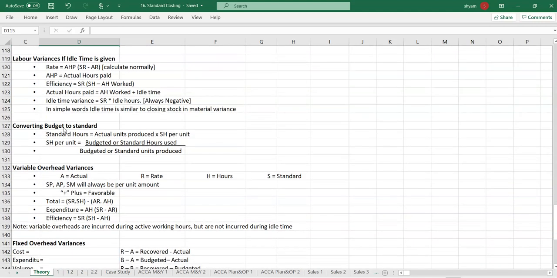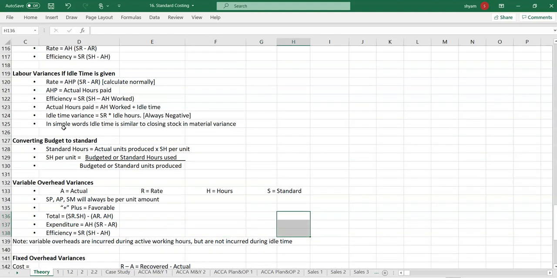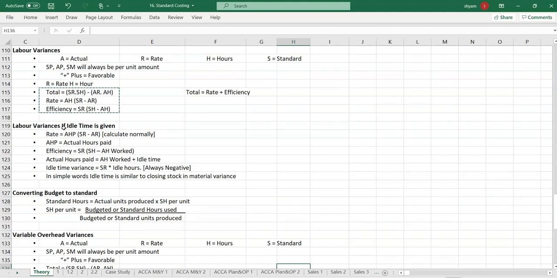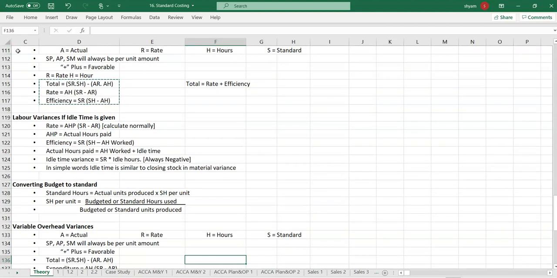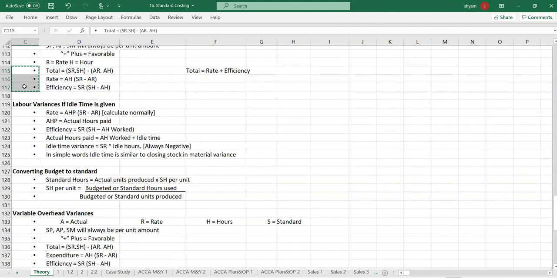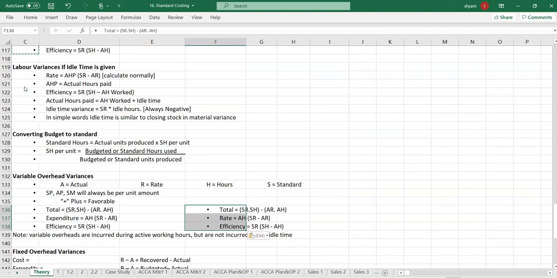I will take the labor variance and paste it next to the variable overhead variance, so you'll get an idea.